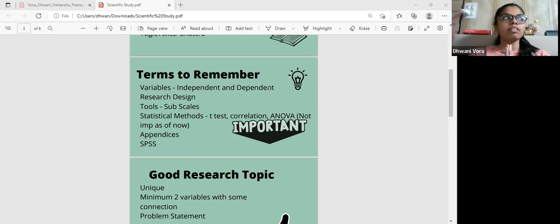For example, yoga will have some effect on the self-esteem of adolescents. Here yoga is the independent variable. Self-esteem is going to be affected and is dependent on the independent variable. Is that clear, or is it getting jumbled?